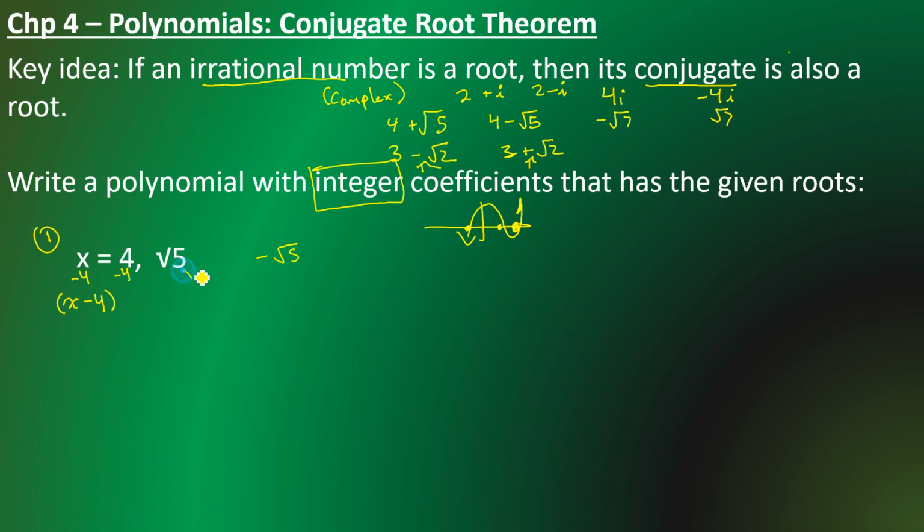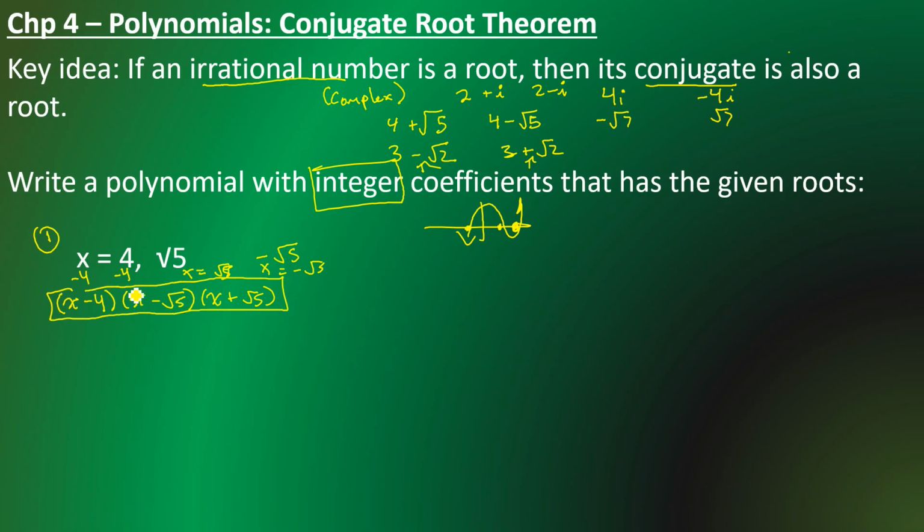And then right here, I have x equals root 5, so I unsolve that. I subtract root 5, and I get x minus root 5. And then finally, I have x equals negative root 5. I unsolve that. I'll add the root 5, and I have x plus root 5. Now, at this step, I'm basically there.